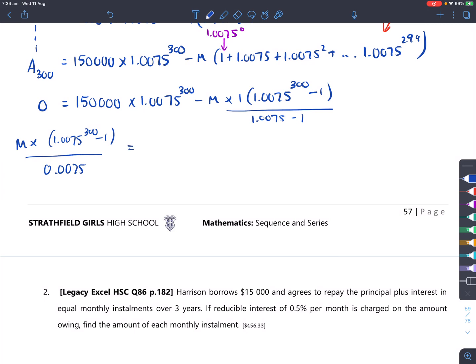That's equal to 150,000 times 1.0075. It's about 300. Okay, so now our last thing to do would just be to move this whole fraction over, and I simply just move that over and change that sign to a division. So I'm going to write what's on the right side.